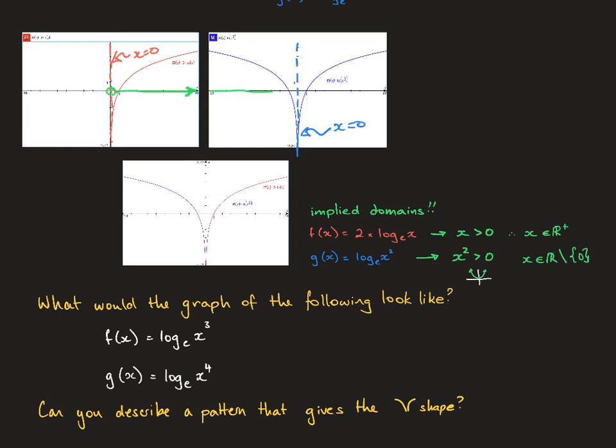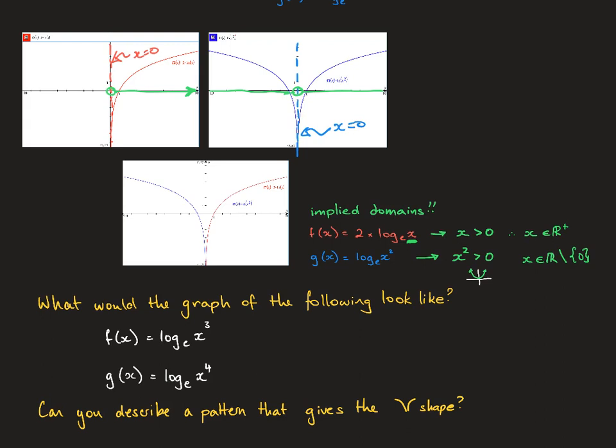And for the other one, our implied domain is all x values except for 0. So I find that pretty interesting that we assume that the log laws are correct and that they work perfectly, but what we've got is that the log laws work for the implied domain for x.